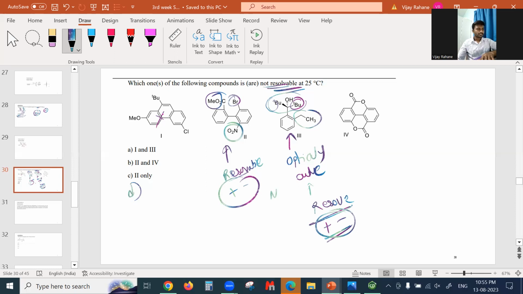If you see this last one, it doesn't have optical rotation. So this molecule is non-resolvable, obviously. And if you see this molecule, it has a center of symmetry. I'll just check what the D option is.